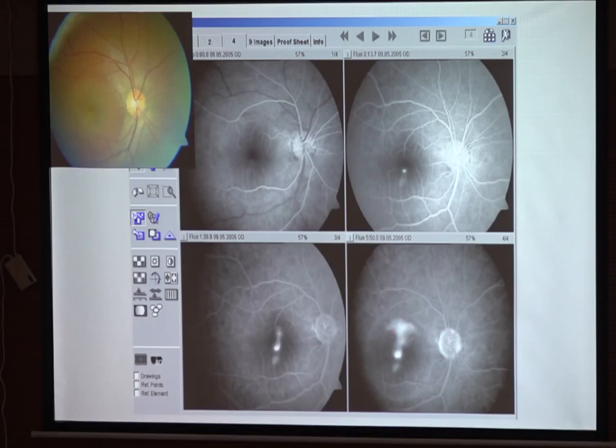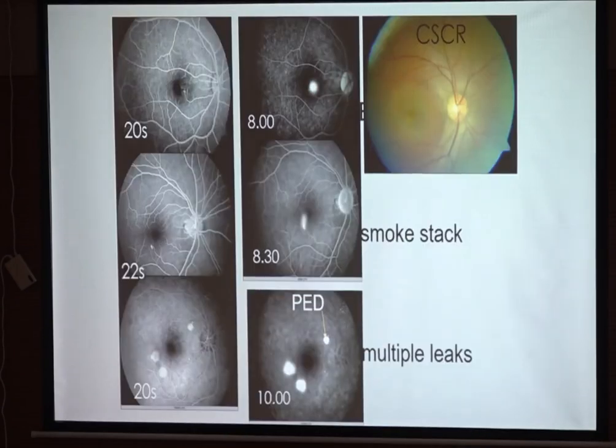This smokestack sign is due to convection currents which are present. Then there are other ways CSCR can present. It could be an expanding ink blot pattern. This small dot has expanded. It could be smokestack. It's just the beginning of smokestack. Ultimately, you'll have what you saw in the last angiogram.